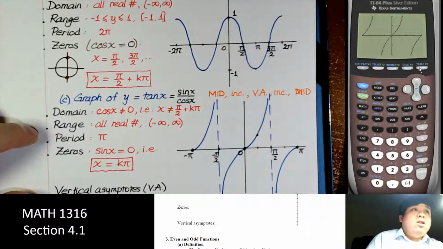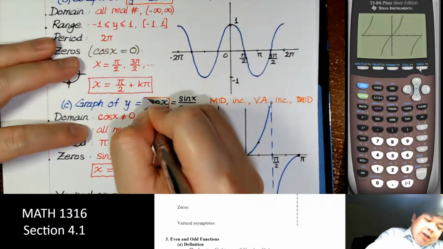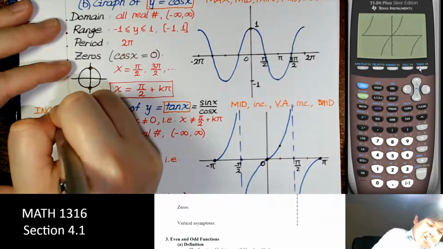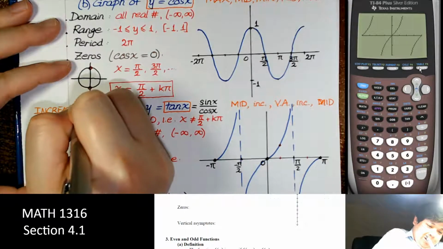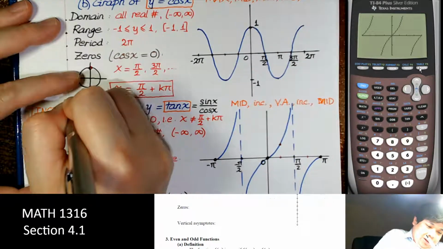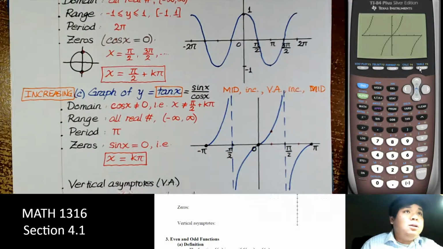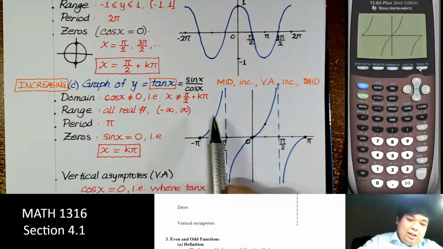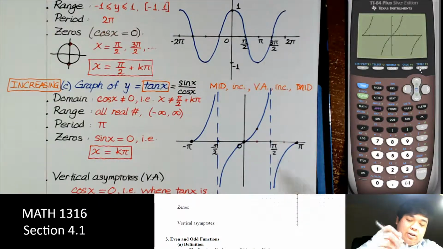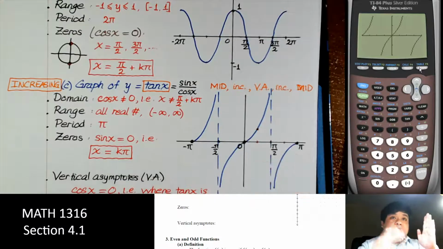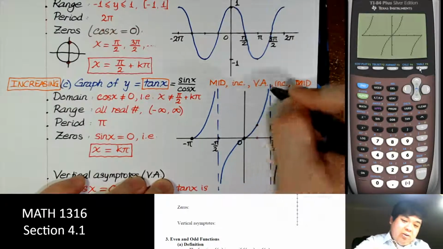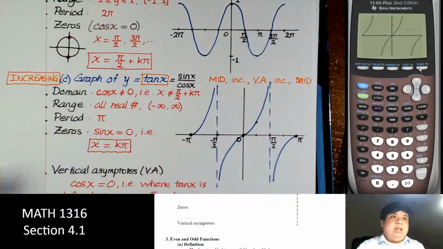So notice that the characteristic of the tangent function is that it is increasing. So now for the graph, we know where the zeros are at the beginning and the end, the vertical asymptote right at the middle, and then we just have an increasing function, and that is the graph.